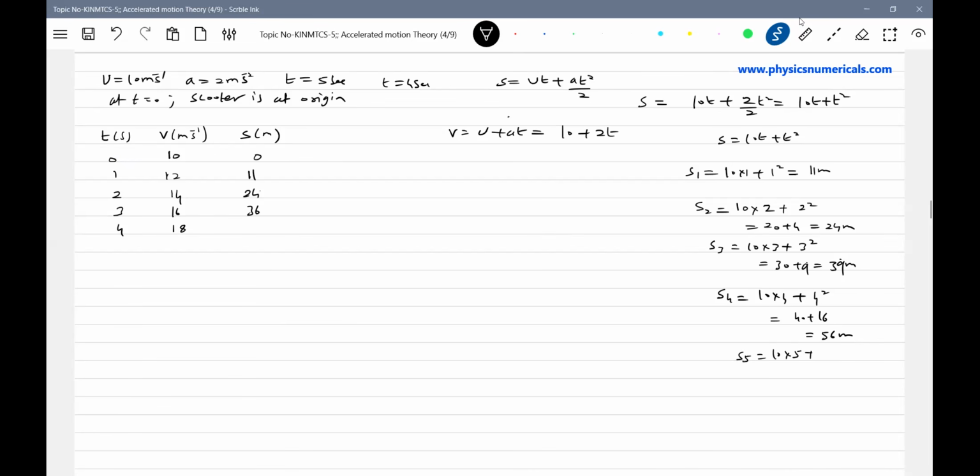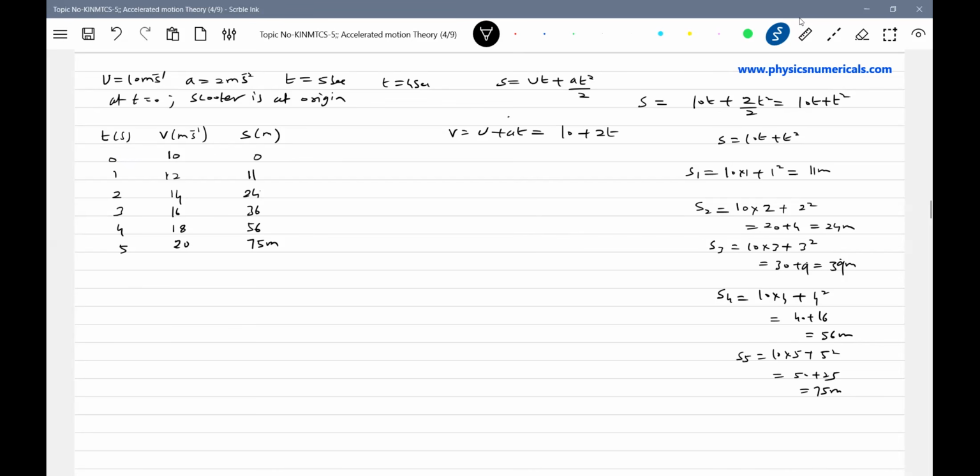S5 will be 10 into 5 plus 5 square, 50 plus 25, 75 meter. So 56 meter. This will be 2 into 5, this will be 20, 75 meter.